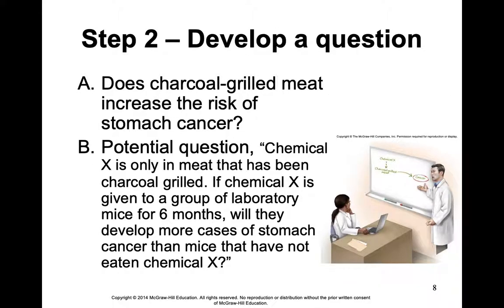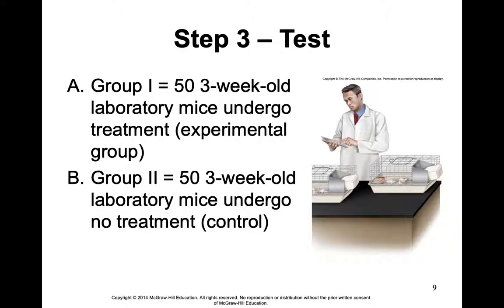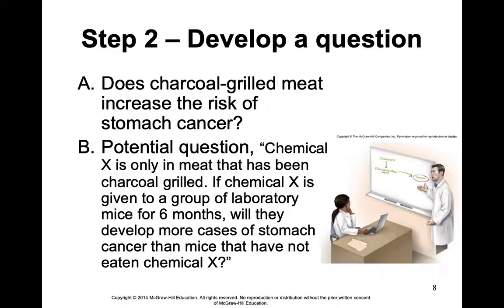And that is the second step, developing a question based on your observations. So noticing that hospitalized patients with stomach cancer tend to eat more charcoal grilled meats might lead someone to wonder if eating charcoal grilled meats increases stomach cancer risk.